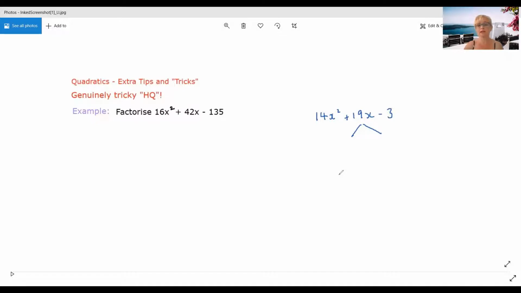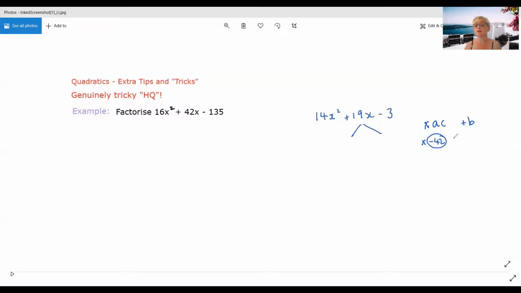What we found in our previous video was that in order to split up that middle term, the magic two numbers that you want, you need them to multiply to give AC and to add to give B. Now, in this particular example, A was 14 and C was -3. So we wanted two numbers that multiplied to give -42.